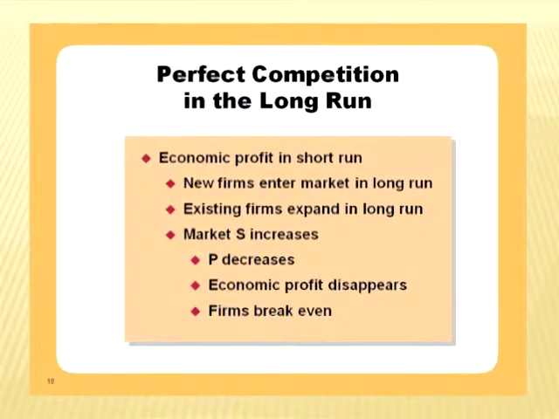So in the short run, if the firm is actually doing as we depicted it a second ago, it's actually making an economic profit, then the result is we will attract new firms into the market. One way of thinking about that is to go back to our agricultural example.